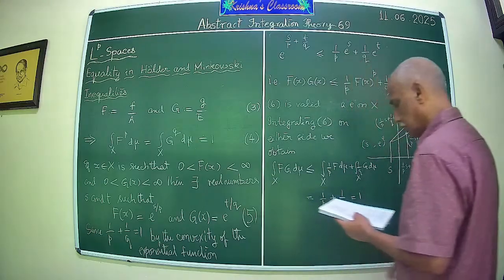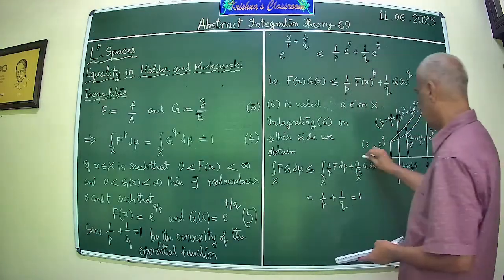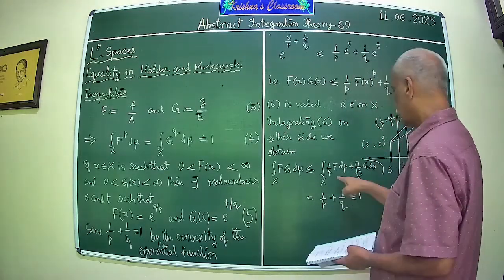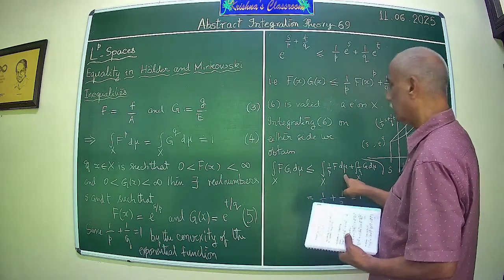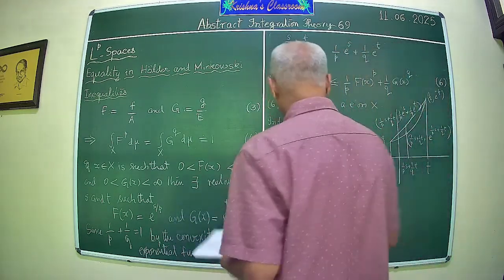Equal to 1. Now, this inequality comes from the fact that integral over x f d mu, that is by 4.